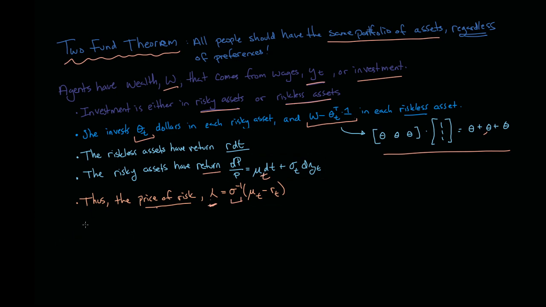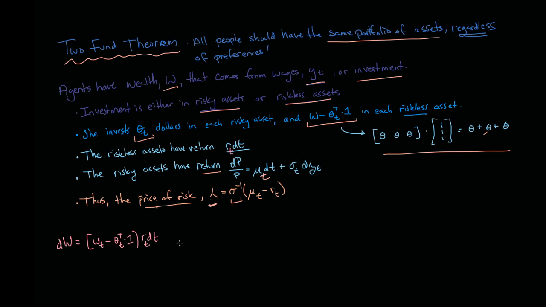So how do you start a problem like this? We start by figuring out how much money the person has. What is their wealth? So dW. Well, it's going to be first the amount of riskless asset they hold: W_t minus theta_t transpose 1, and then r_t dt. I guess r_t dt is better.